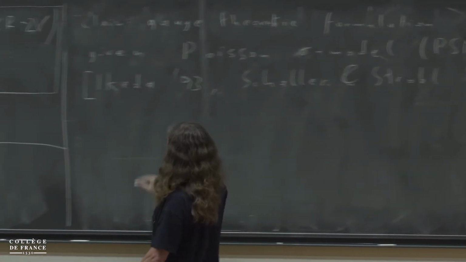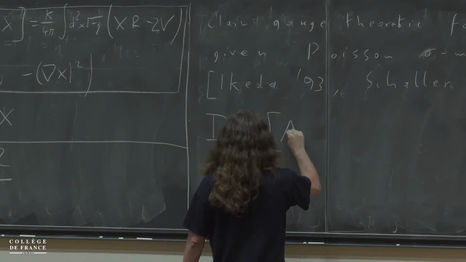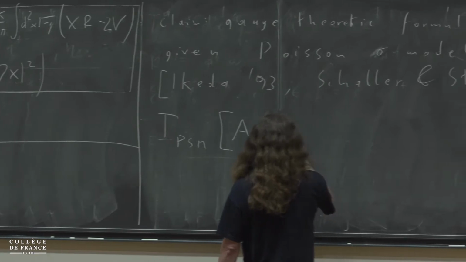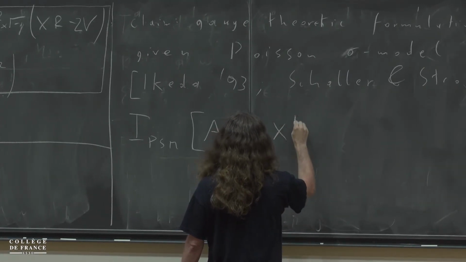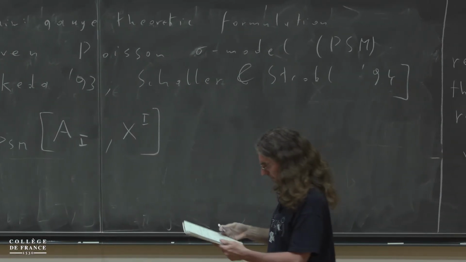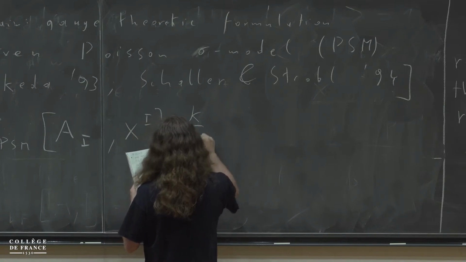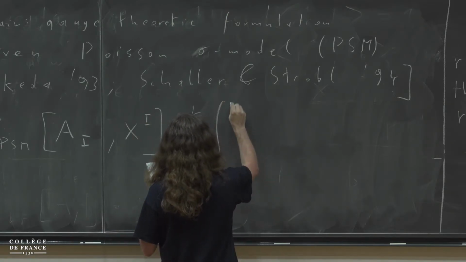And the PSM action depends on some connections A^i, some coadjoint scalars, which now I call X_i, before this was the quantity I called B. And it's given by a generalization of the BF action that we considered.